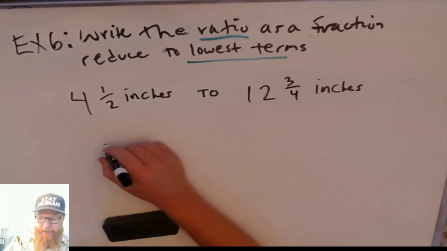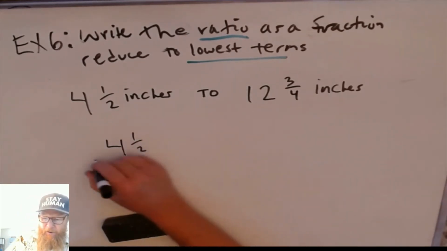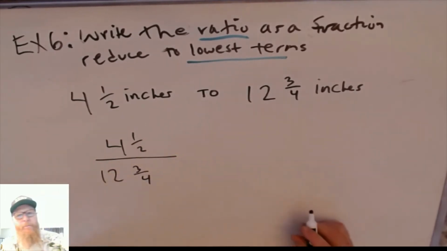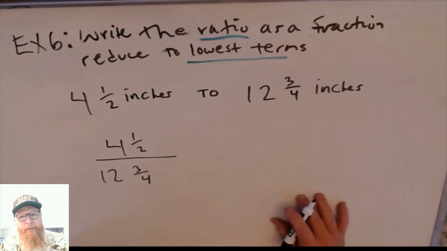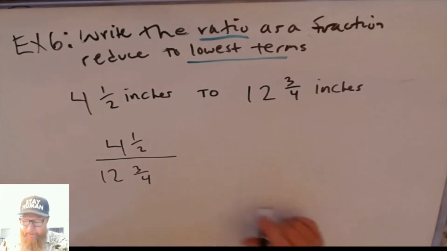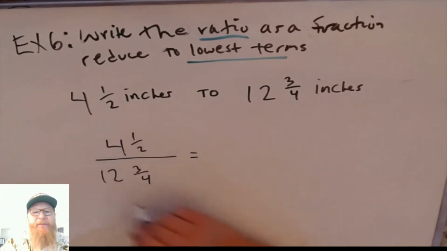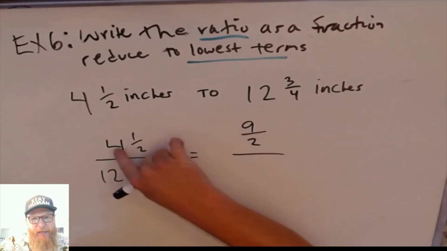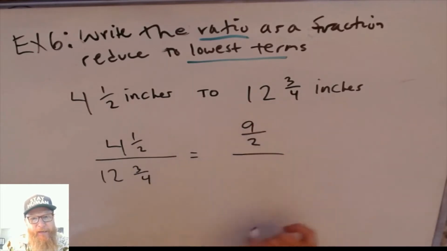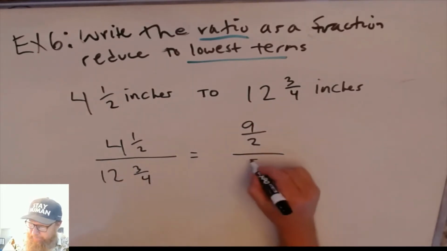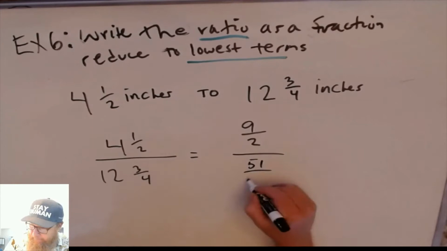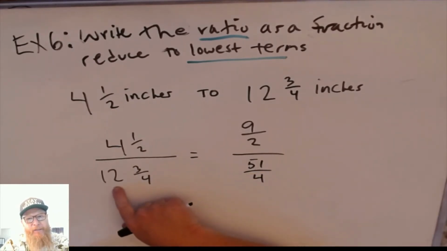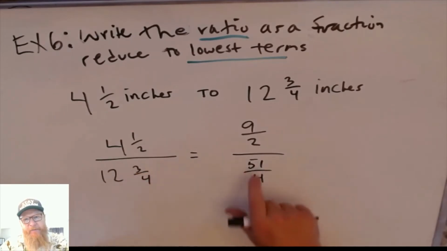So we got 4.5 over 12 3/4. Now this one's a little tricky. You first have to write these as improper fractions. So that'll be 9/2. Yeah. 2 times 4 plus 1, 9/2. And then this one will be 51/4. 4 times 12 is 48 plus 3 is 51.